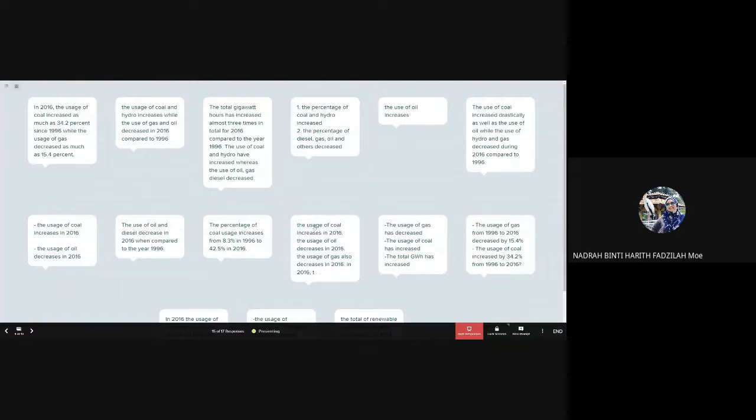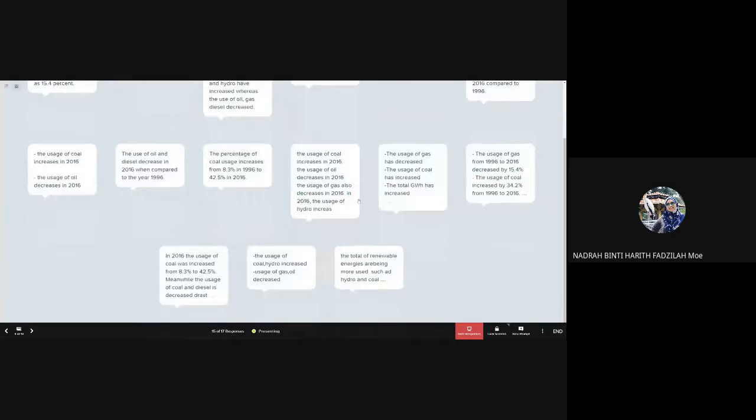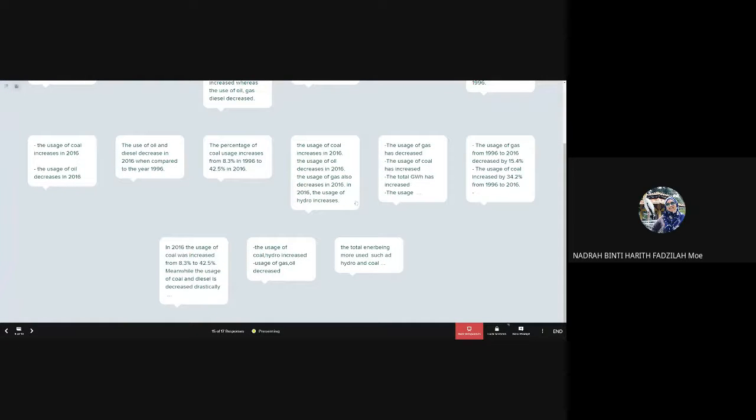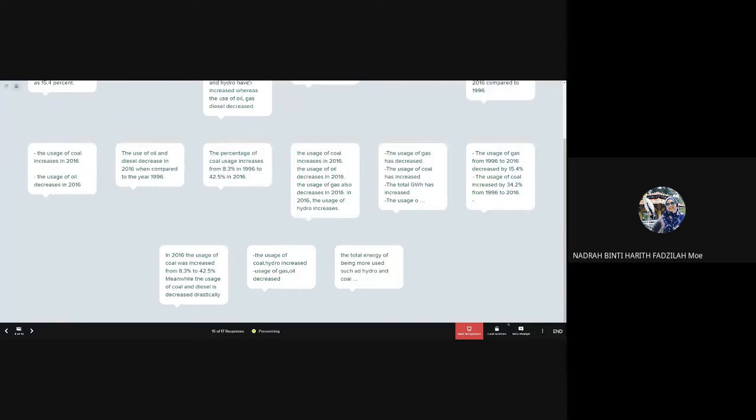Ada yang nampak the increase use of coal, the increase use of petrol, and the use of hydro pun ada yang meningkat. Oh, tapi penggunaan gas dan diesel decreases. Oh, drastically. That is a good observation ya.